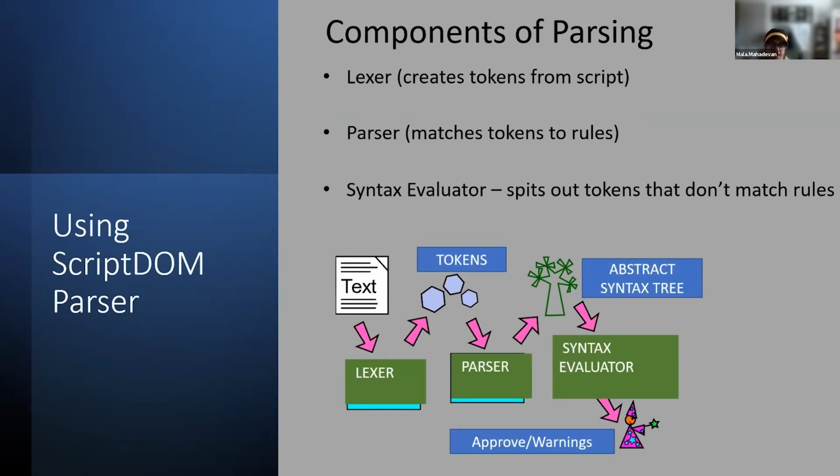The lexer splits out the tokens here. The tokens are sent to the parser. The parser builds what is called the abstract syntax tree out of it. Then this tree is supplied to the syntax evaluator, and the evaluator looks at it and says, okay, is this SQL Server syntax? Yes or no? Then it approves or it doesn't approve. That's how it works. So it's really not that hard if you understand how it is.